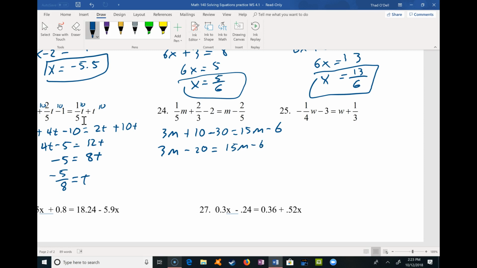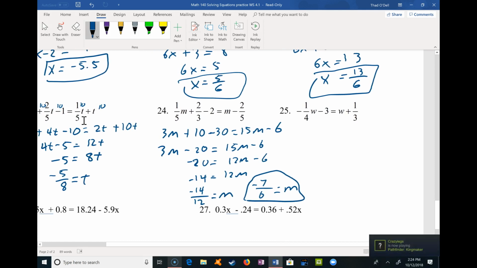I'll subtract 3m from both sides, and I get negative 20 is equal to 12m minus 6. Add 6 to both sides, and we get negative 14 is equal to 12m. Divide both sides by 12, and I get negative 14 over 12 is equal to m. But of course, I can reduce that. So that would be negative 7 over 6 is equal to m.